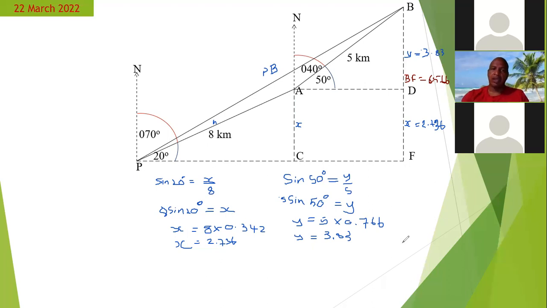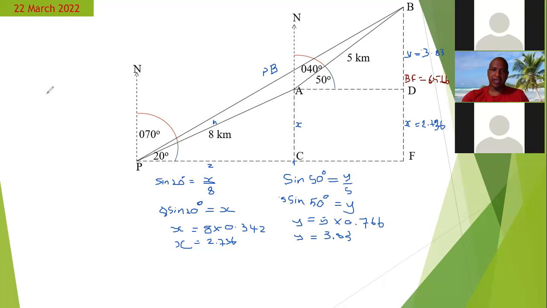All right, going back to this first right angle triangle with the 20 degrees, how can we find this side P to C? How can we find this side using that same triangle? Let us call this length Z. Adjacent over the hypotenuse?